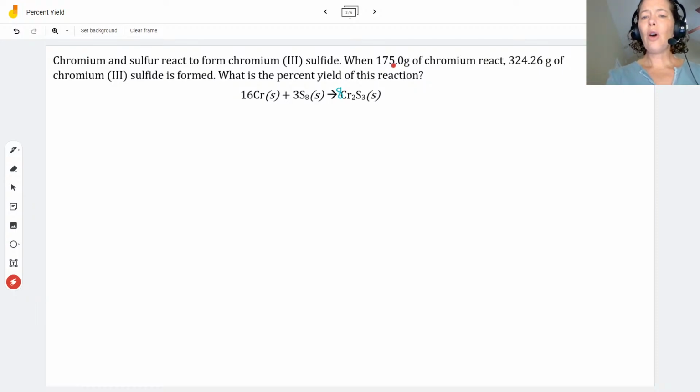All right, so we know how much of our chromium reacts, and we're also given how much of our product is formed. Now, let's first just write down what our formula for percent yield is. So percent yield is our actual yield over our theoretical yield.